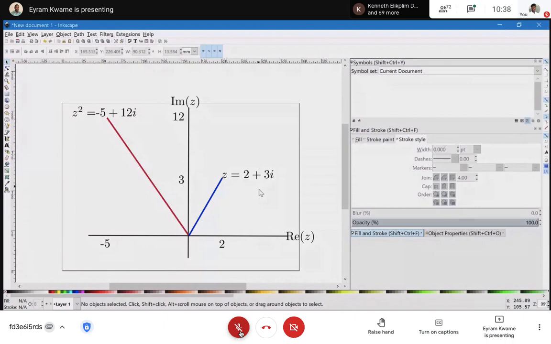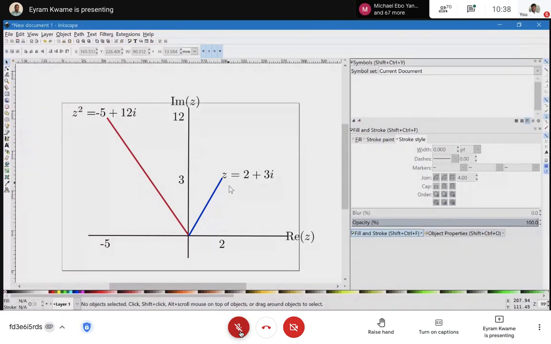However, in complex valued functions, for a complex number z, it's a sketch or a graph in a plane. And when you carry out the operation using the function, you have another graph altogether, which is going to be a rotation, a reflection, or a translation.